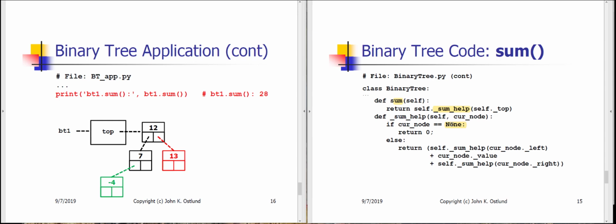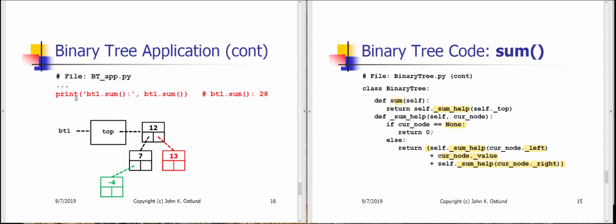So 0 is going to be our default value for an empty tree. Otherwise, if the tree is not empty, then the sum of all the values in the tree is simply the sum of all the values from the left-hand side plus the current node's value plus the sum of all the values from the right-hand side. And you'll notice that I have put a pair of parentheses around this to make sure that I can type this on multiple lines. All right, that's it. So that's very simple.